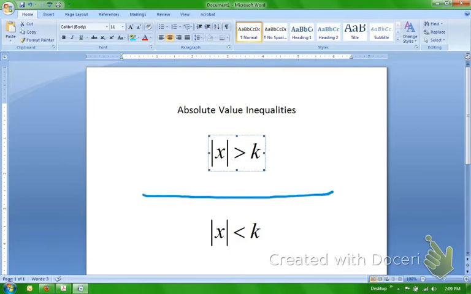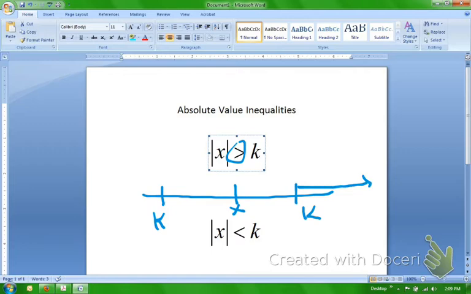When we were dealing with absolute values, we said they were k units from a set point. Well, if this is our set point, this inequality is saying the absolute value of x must be greater than k units away. For instance, if that's k units and that's k units, the distance must be greater than k units.